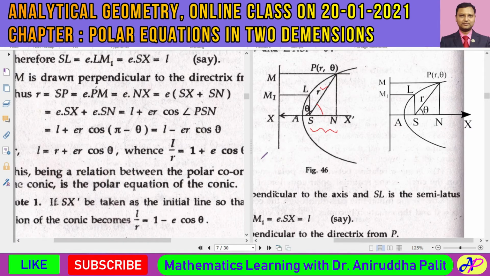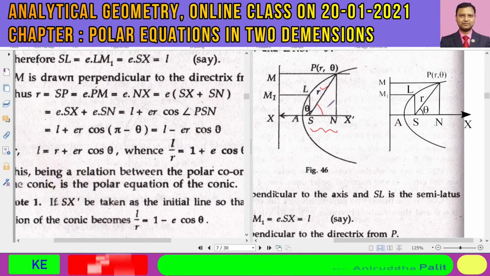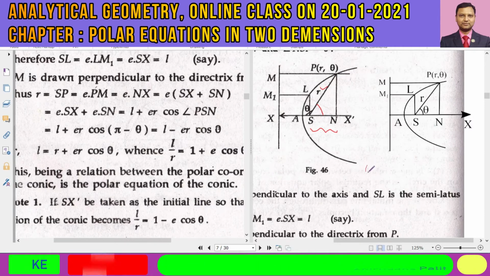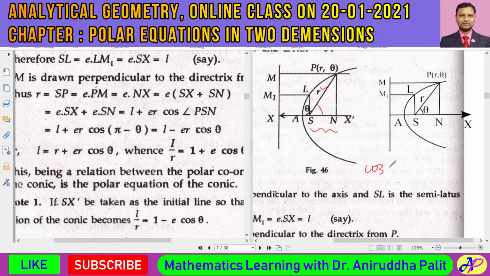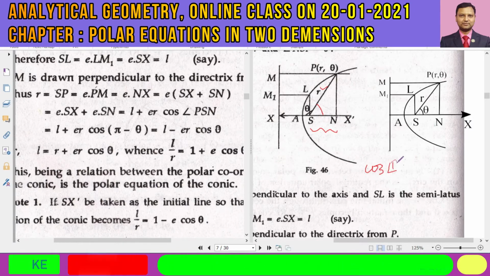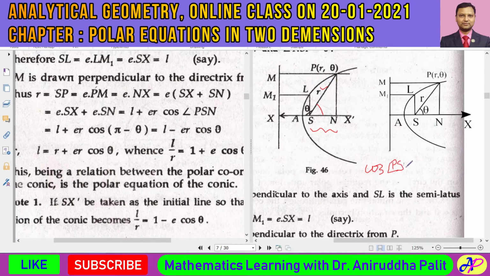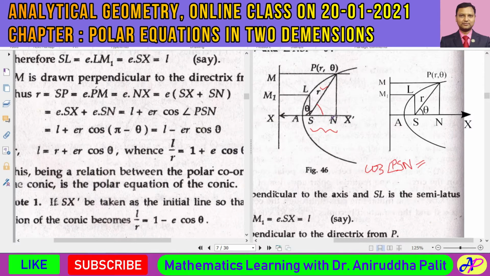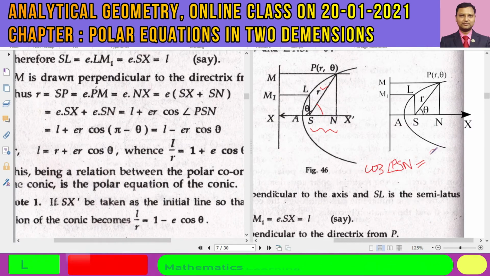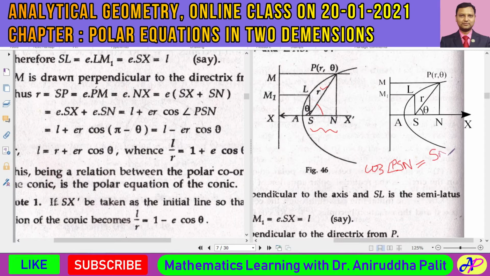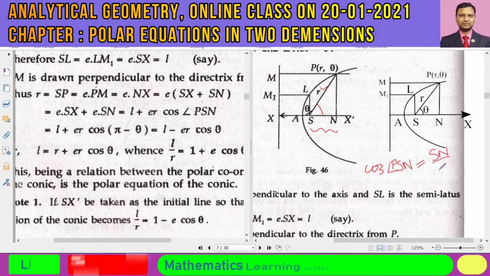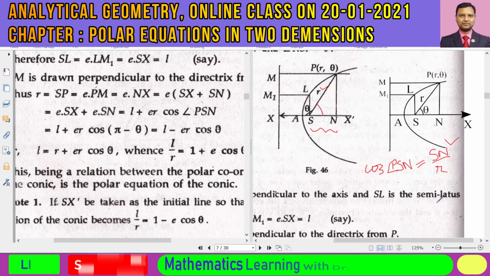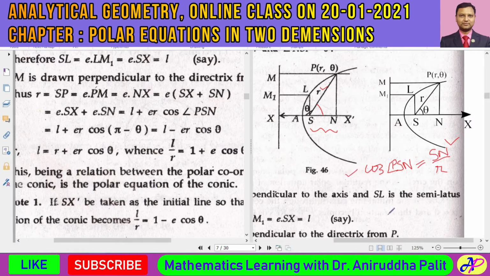Therefore, cos of this angle PSN should be equal to base Sn divided by hypotenuse R. Therefore, this numerator Sn must be equal to R multiplied by cos of this angle.